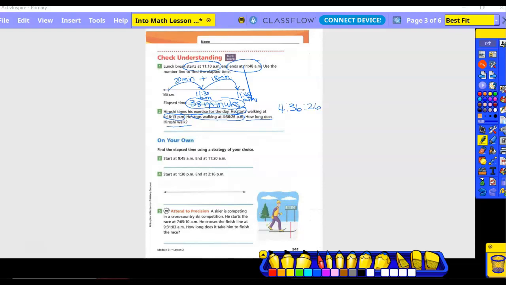Am I adding or subtracting? Subtracting. 4:18:13. Do I have to regroup on this? No, because I can go ahead and take the 26 minus the 13, right? What's 36 minus 18?